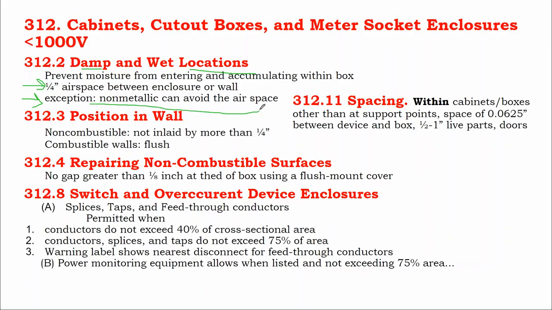But it says, well, if it's plastic, that's fine. Plastic, better insulation, you don't have that issue. Let's see, there's spacing requirements within the box itself to make sure that your live parts are not close to the lid.